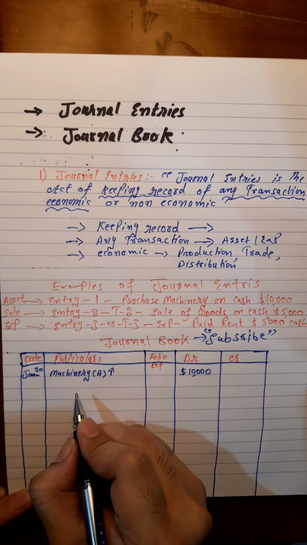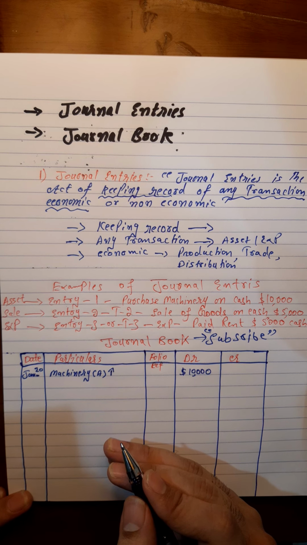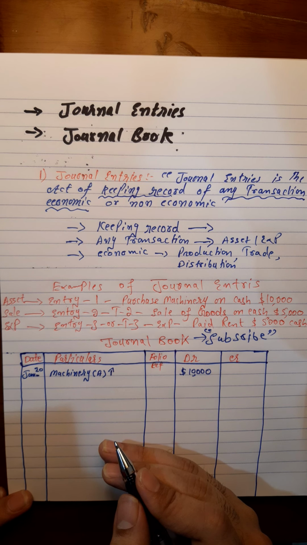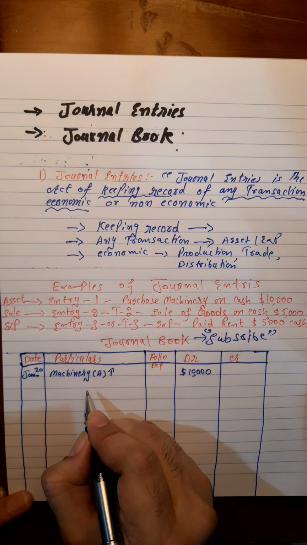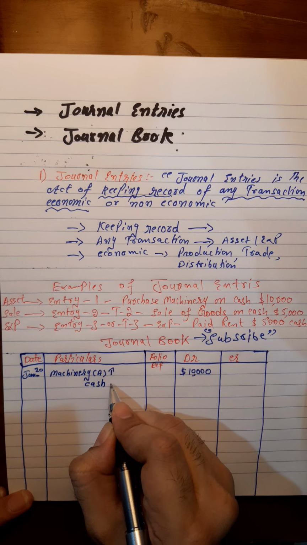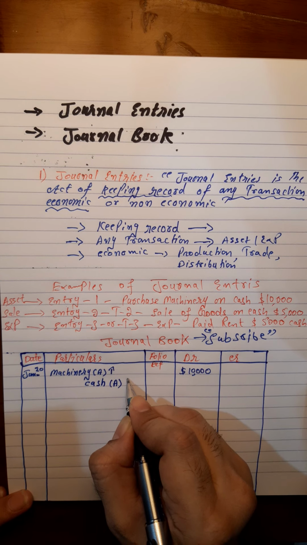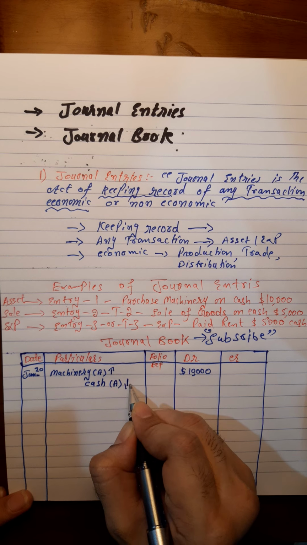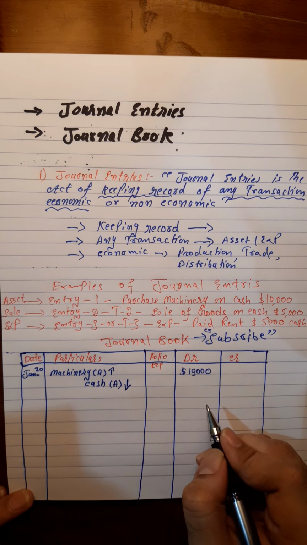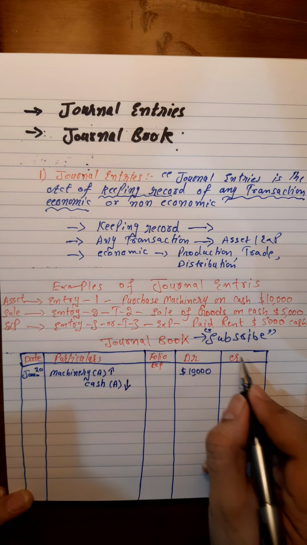Now, we purchase the machinery, so we paid for this in cash. So cash is our asset. The asset is going out of the business, meaning the asset is decreasing here, and when an asset decreases, it will be credited.